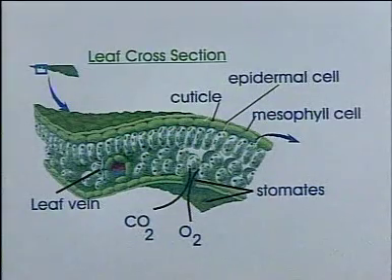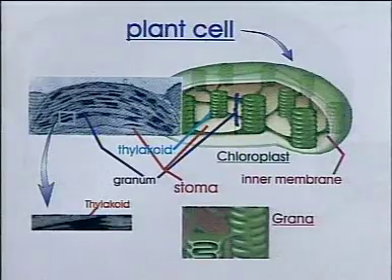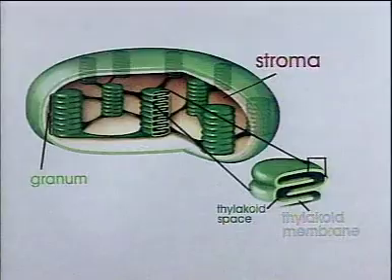This diagram very clearly shows a leaf and its anatomy. The mesophyll cell, with its detailed internal structure, the granum, which are stacked with thylakoids, the site where sunlight is trapped and the process of photosynthesis is initiated.